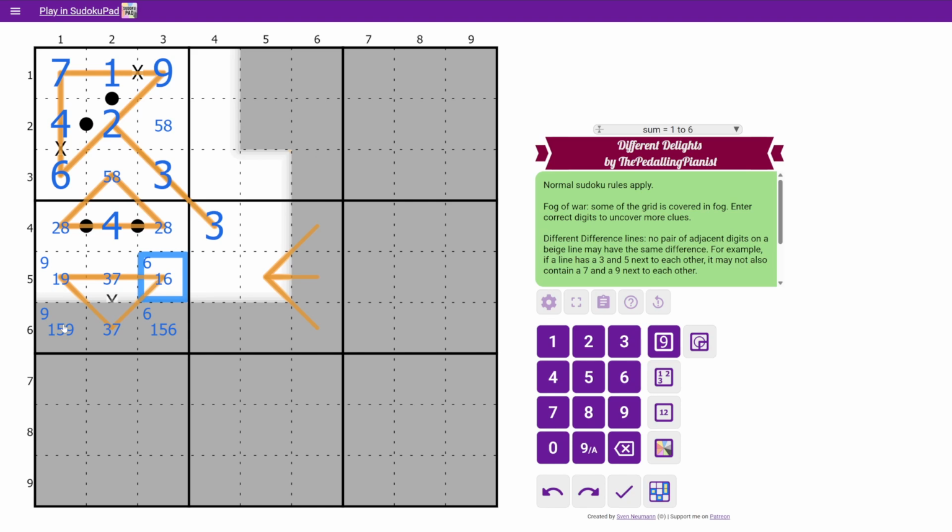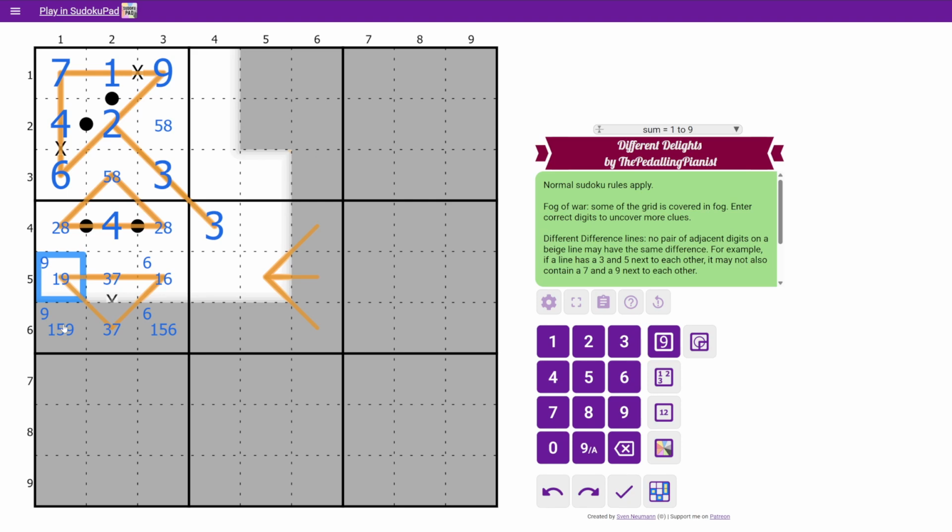The 9 cannot go with the 1. Wait a minute. If this was 9, it would be a difference of 6 and 2. And if it was 1, it would be a difference of 6. The 9 cannot go with a 1.